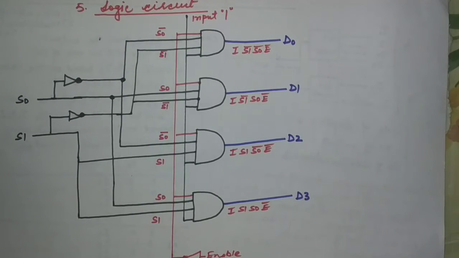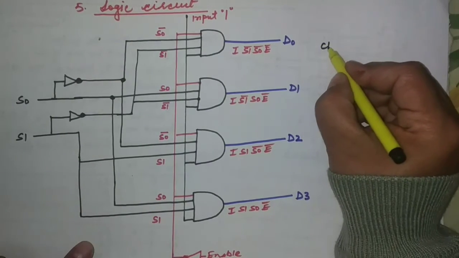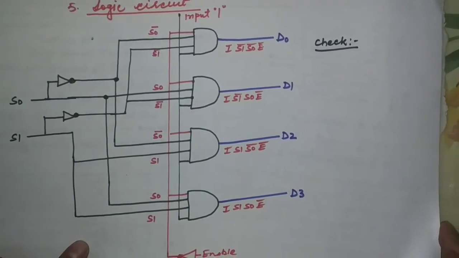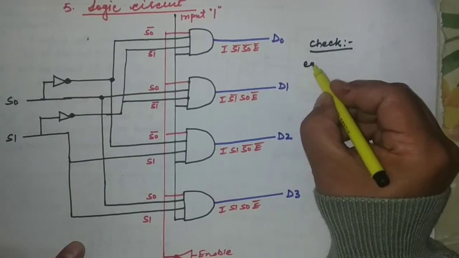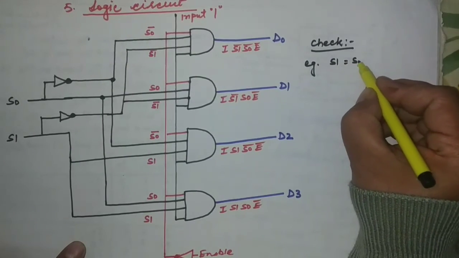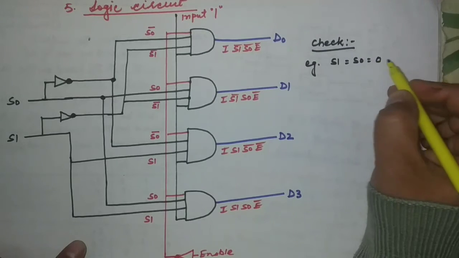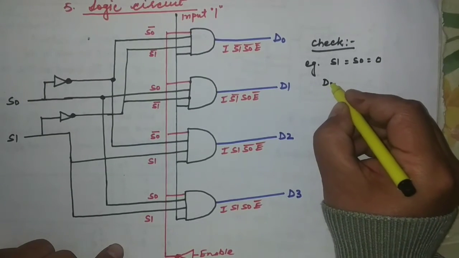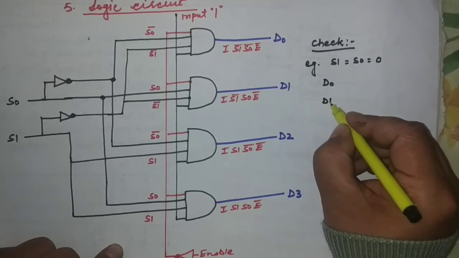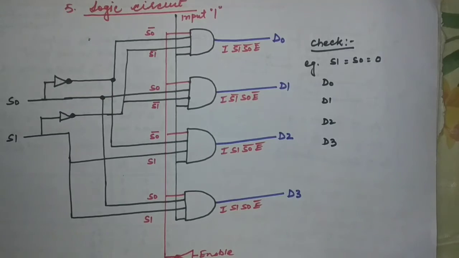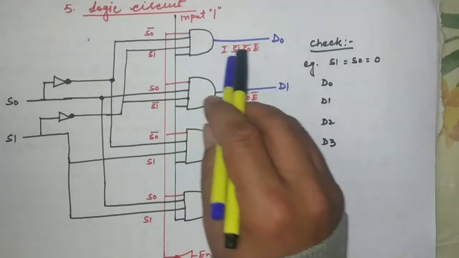Now let us check, for example, that S1 and S0 both are equal to 0. We will see through which output the input will be routed.